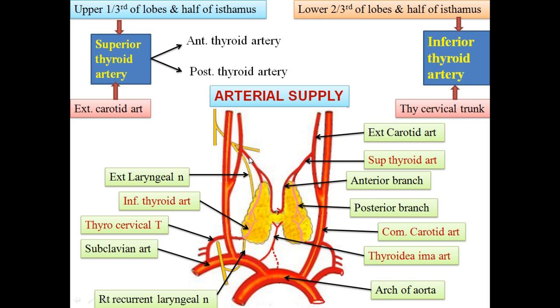The artery runs downwards and forward, and at the level of the apex of the gland, it divides into two divisions, an anterior branch and a posterior branch. The anterior branch anastomoses on either side at the level of the superior border of the isthmus. The superior thyroid artery is closely associated with the external laryngeal nerve.